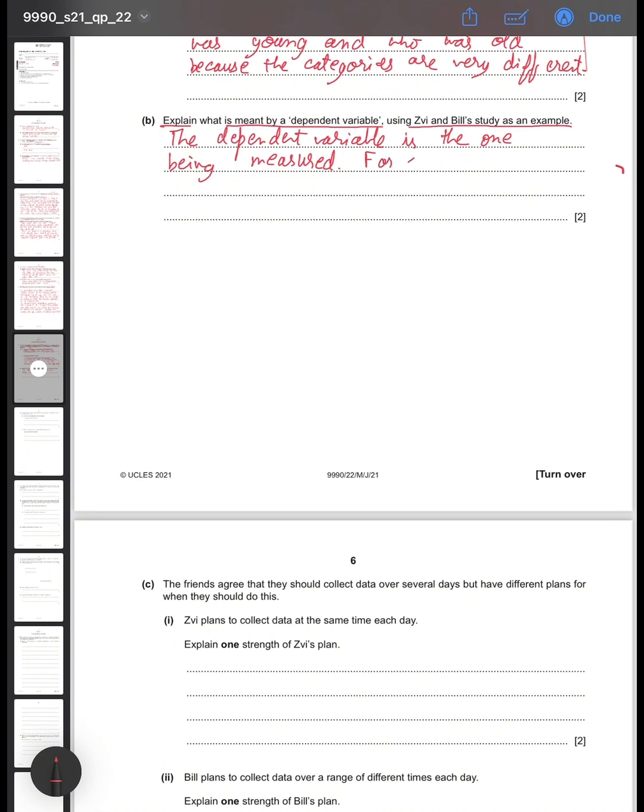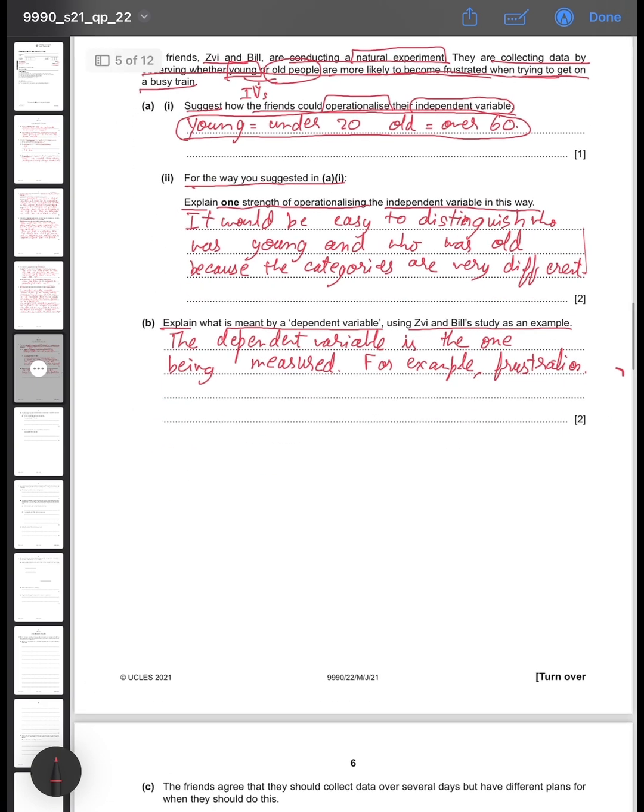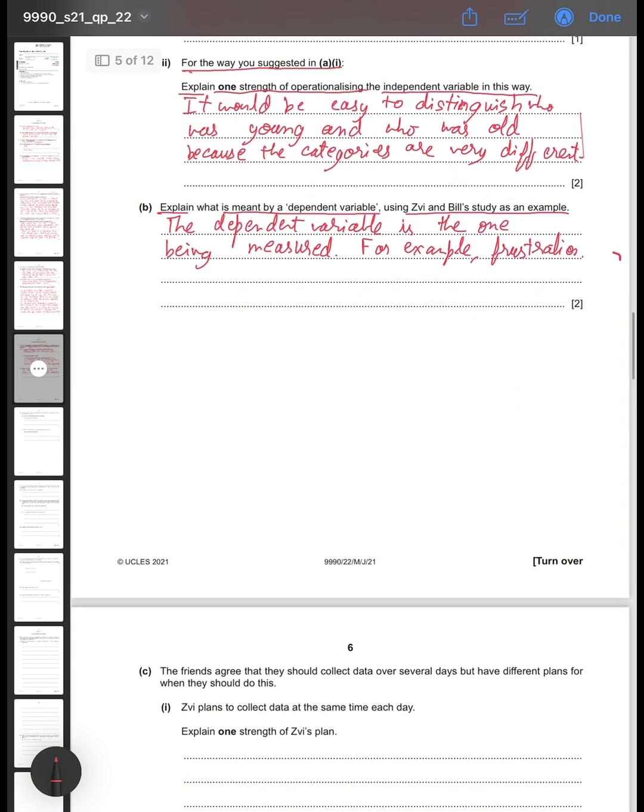For example, from this study we can write, for example, frustration. Because over here the prompt said more likely to become frustrated when trying to get on a busy train. So frustration is the dependent variable in this study.